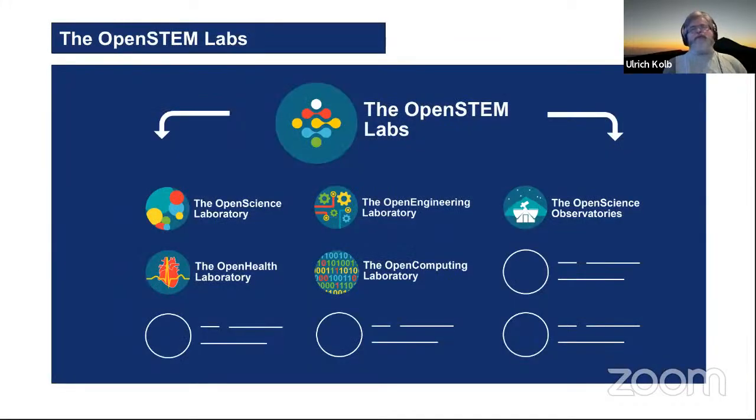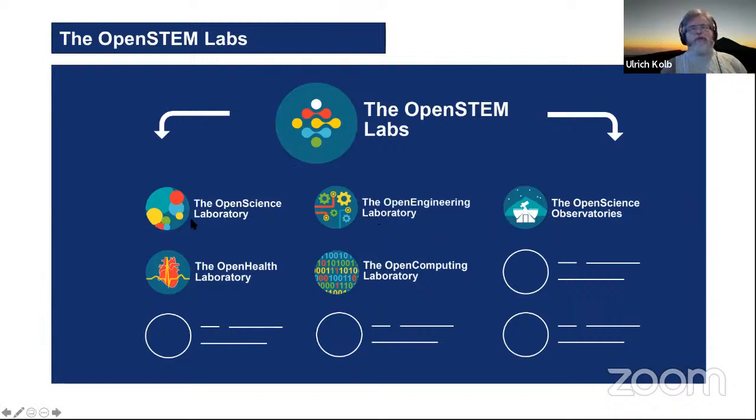So how does this sit within the wider setup of the Open University's remit to bring practical science or practical STEM subjects, so technology, engineering and mathematics, as well as science, to our university students who are remote learners? And the Open Science Observatories is just one element here.